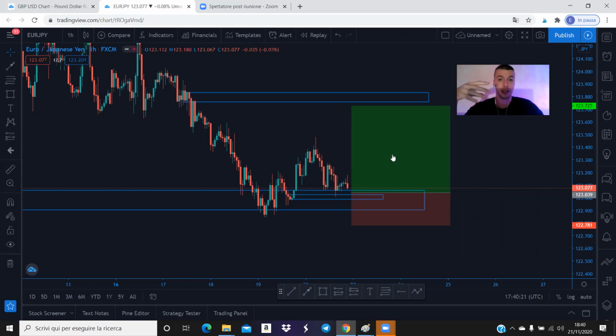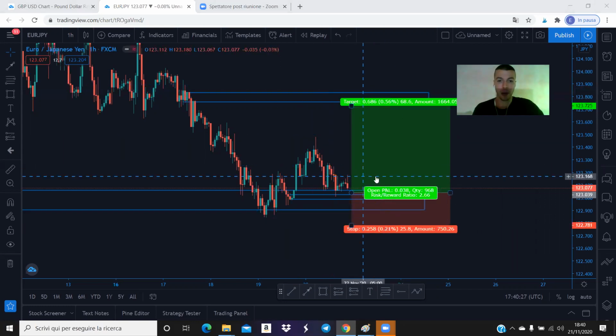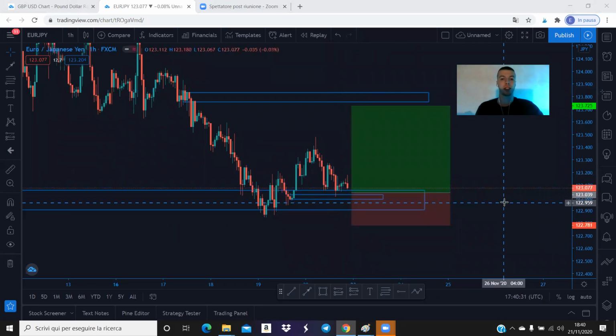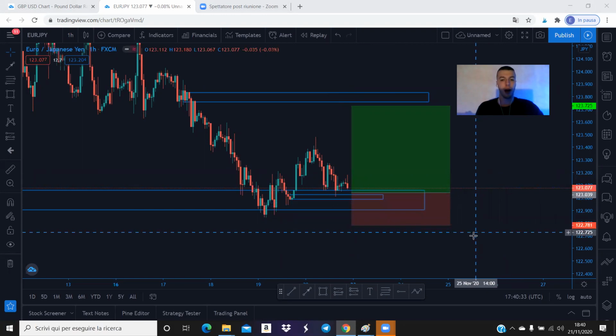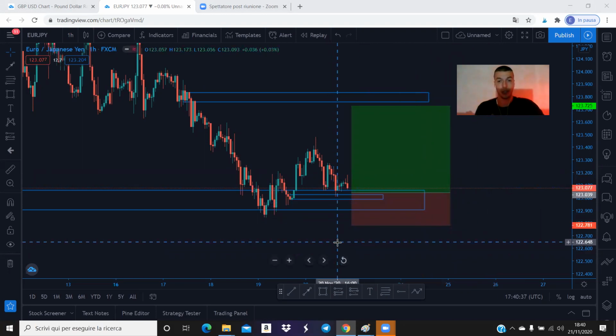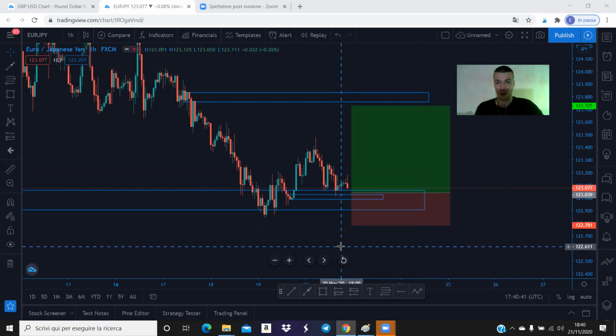In this case, we saw many successful trades from here. But for example, maybe on Monday we will enter this buy right here on EURJPY and we will hit a stop loss. And you say, okay, why was this strategy good? Why are we hitting stop loss? Because there is no strategy in the world that works 100% of the time.